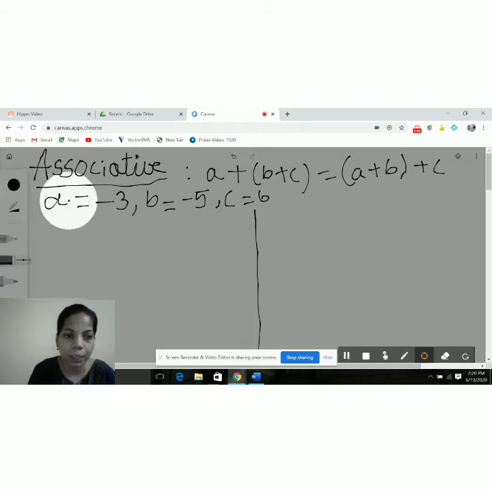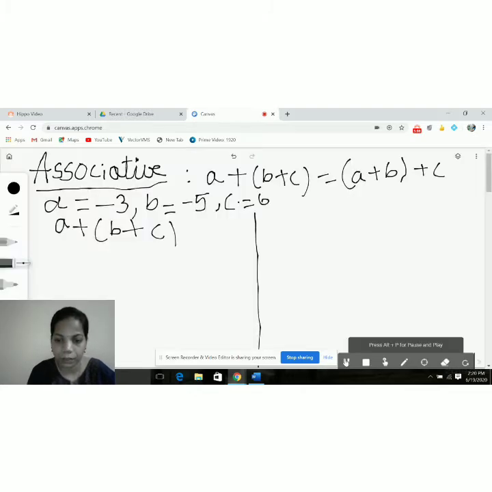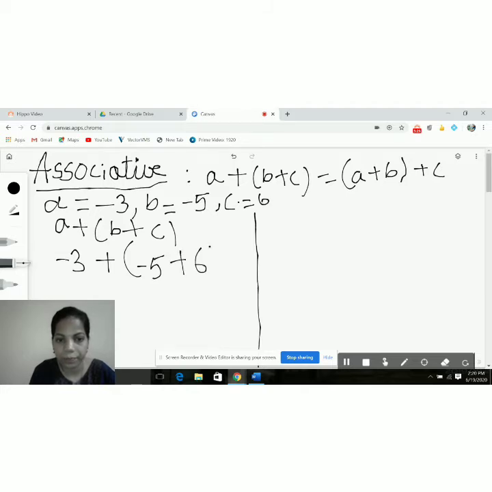Let us take a is equal to minus 3, b is equal to minus 5 and c is equal to 6. So now a plus b plus c, I have to substitute all these values in this. What is a? Minus 3 plus what is b? Minus 5 and c is 6.